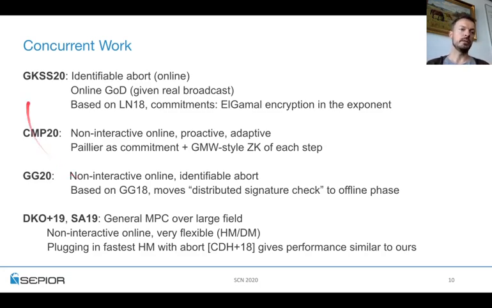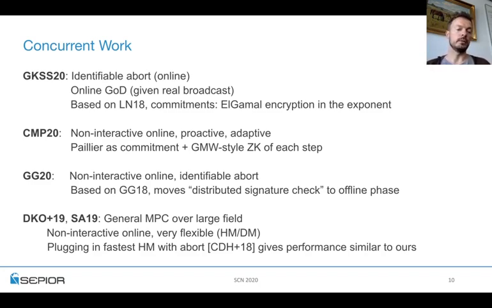Then, apart from these results, there's been a different line of work, where people have been looking at how we can use general MPC, and it turns out that at least for MPC over large fields, it's pretty simple to make it work. Of course, it's still kind of a downside that we have to pull in a complex system for general MPC, but on the other hand, this is very flexible.